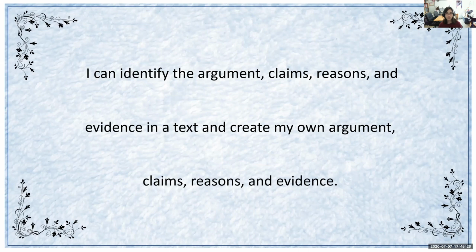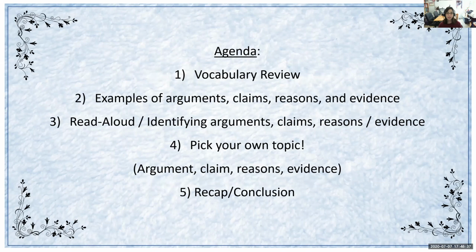That was our read aloud, and create our own arguments, claims, reasons, and evidence, which was the activity that we just completed. So our agenda was to first review vocabulary, then I would provide you with some examples of arguments, claims, reasons, and evidence. Finally, we would do a read aloud to identify each of these 4 components. Then we would pick our own topic to write down each of these 4 components. So you did a wonderful job.